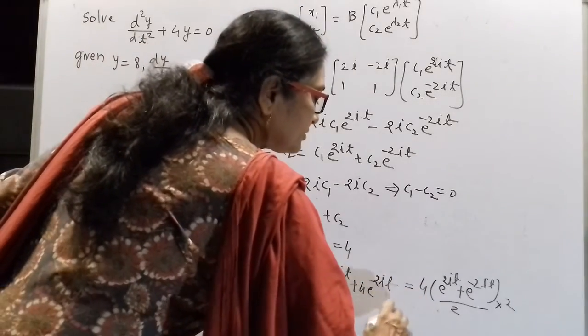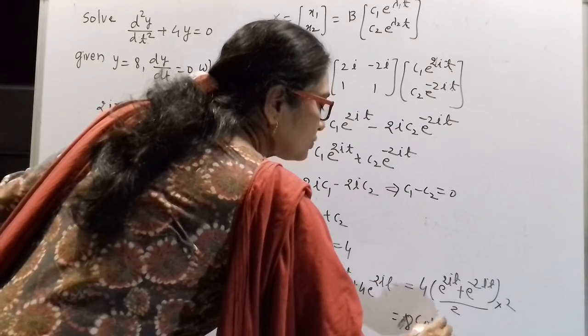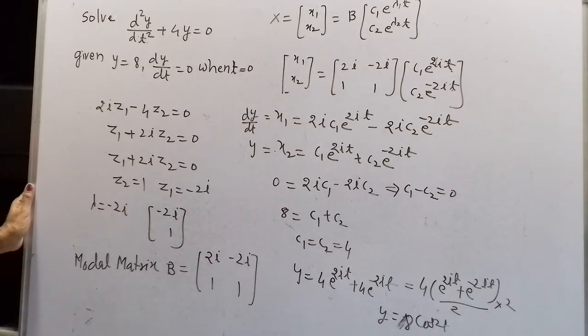This we can write as 8 cos of 2t by using the formula. So the solution of this equation is y is equal to 8 cos 2t.